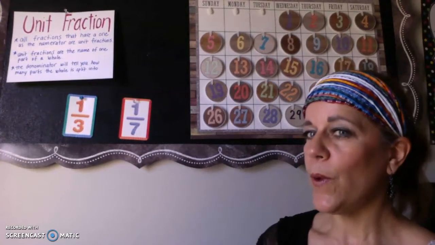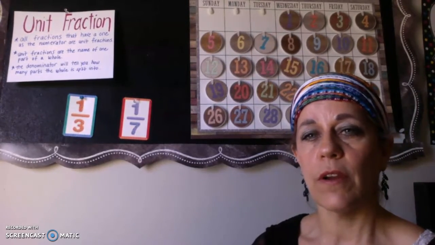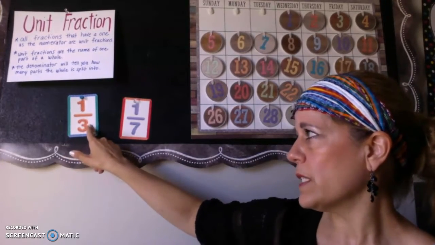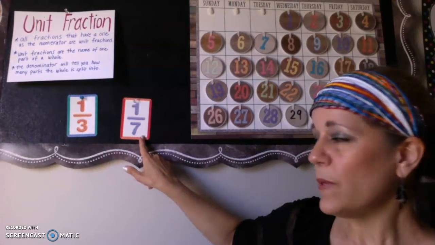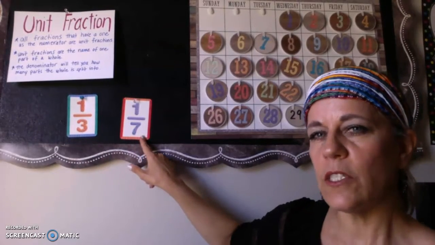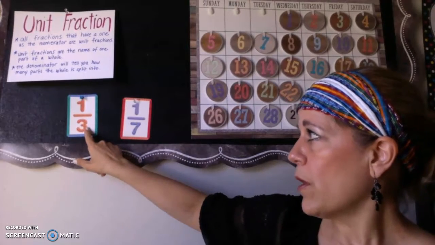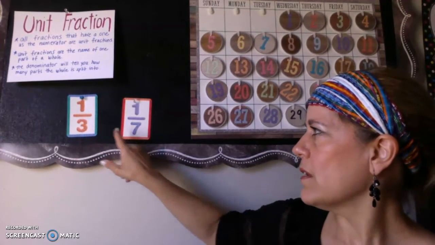So, which fraction is greater? Well, I remember this has 3 parts. The parts were bigger. This one had 7 parts, so the parts were smaller. 1 part out of 3 and 1 part out of 7.